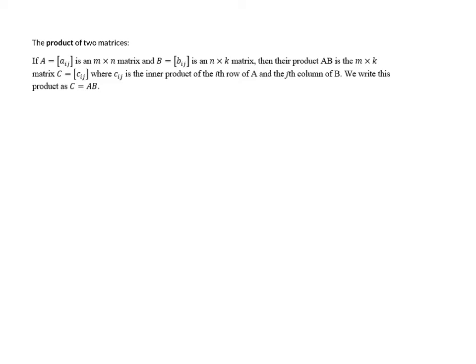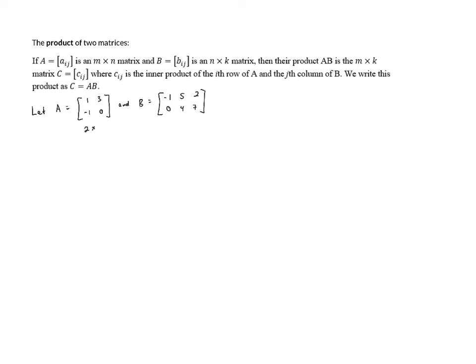Now, this is probably looking very confusing, so let's take a look at an example. Let A be the 2 by 2 matrix 1, 3, negative 1, 0, and we'll let B be the 2 by 3 matrix negative 1, 5, 2, 0, 4, 7.